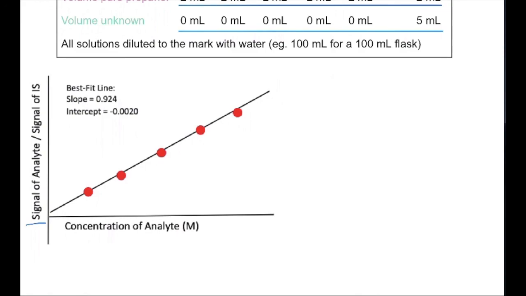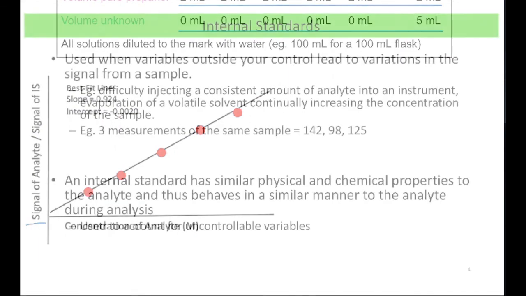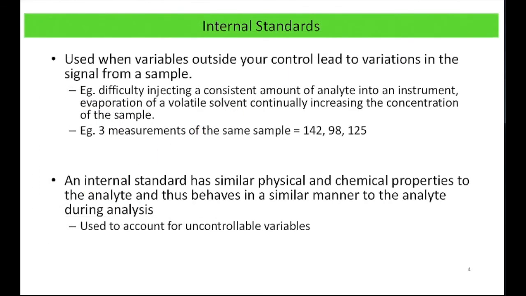So essentially what this is doing is using the internal standard to correct for any differences in the signal from the analyte. The internal standard is going to be a compound that has very similar properties to the analyte itself, because we want the internal standard to act in a similar way as the analyte does when we're going through our method.